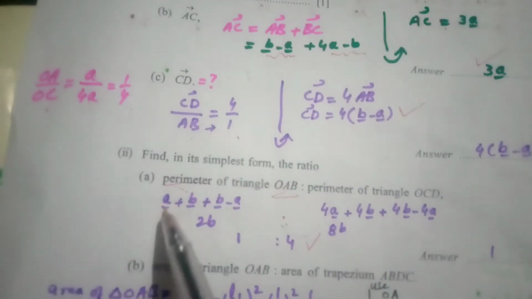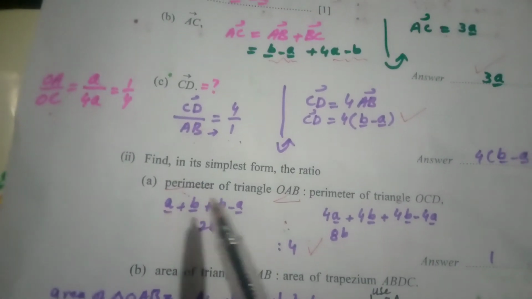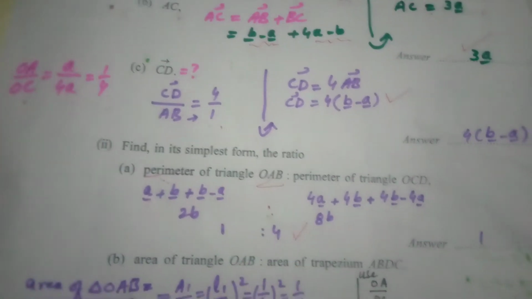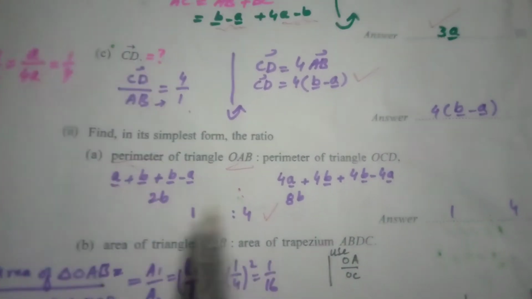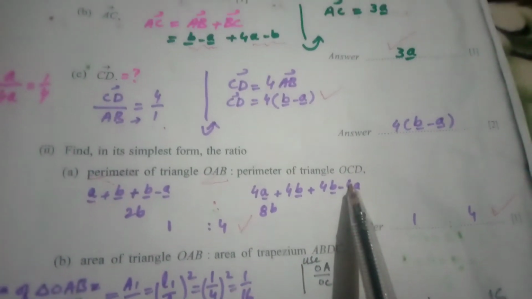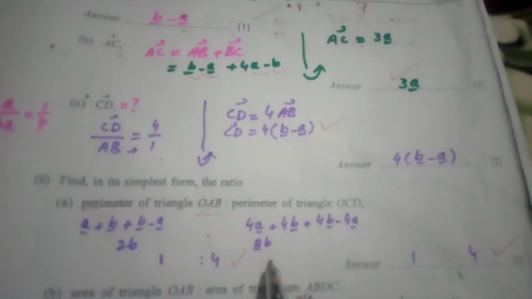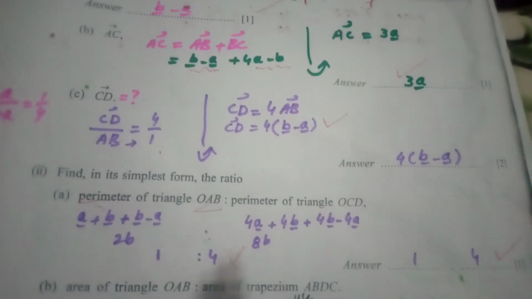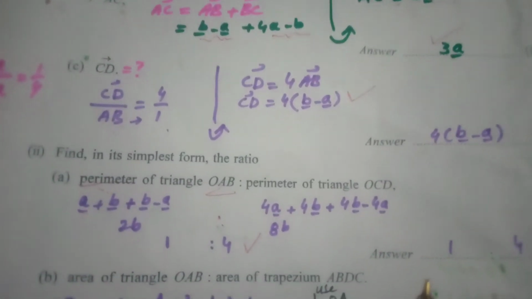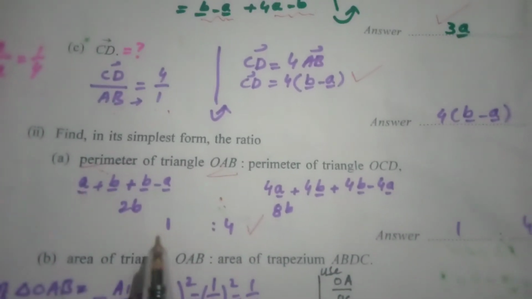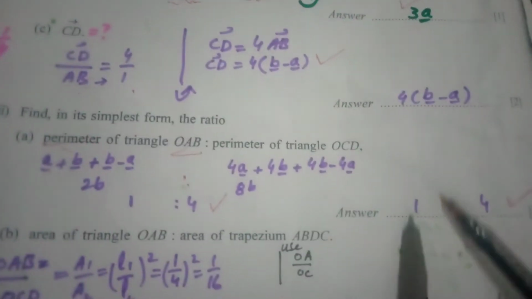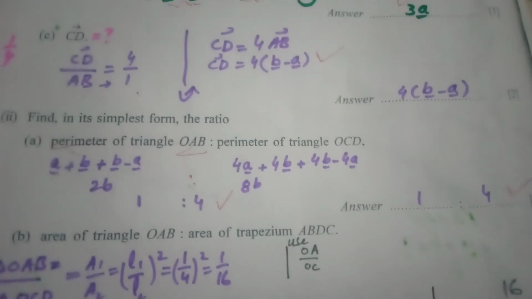All the lengths are given to you, that is A, B and AB. Similarly, that will give you 2B, and for the perimeter of OCD, using the same concept, we got 8B. Now B is cancelled with B, and 2 is divided on both sides, that will give you 1:4. So the answer will be 1:4.